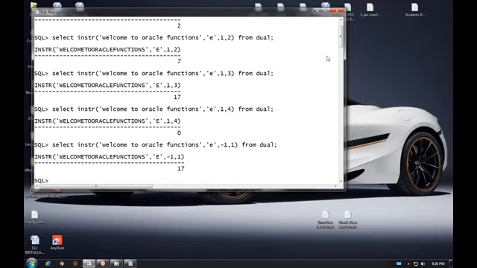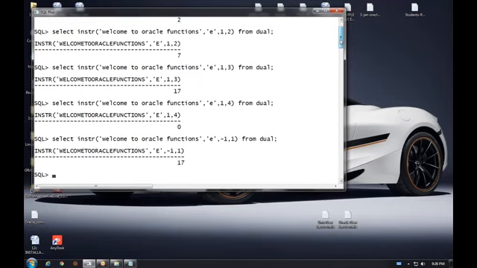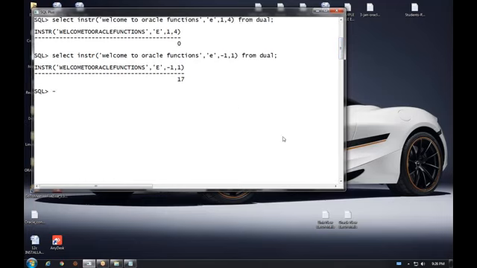Now, my target is to find out the length of the username from the given mail ID. It's very simple. Simple INSTR is enough.